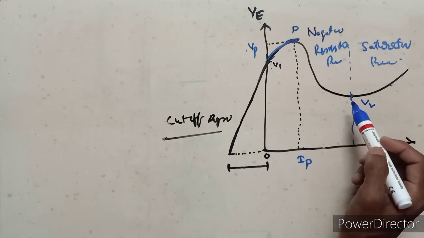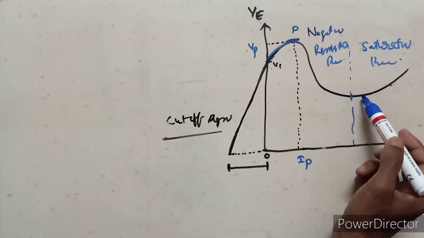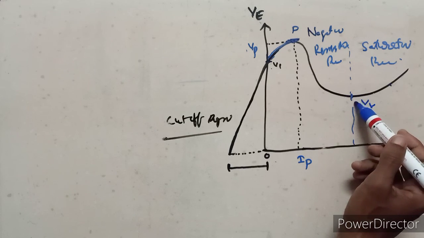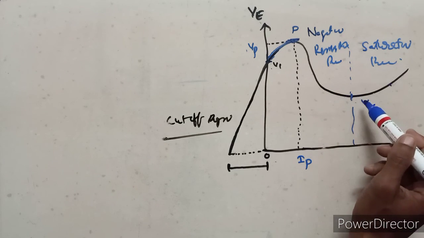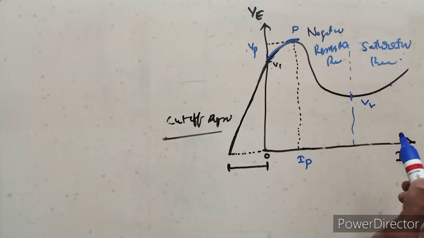Increasing the emitter voltage after the valley point, the device enters into the saturation region.